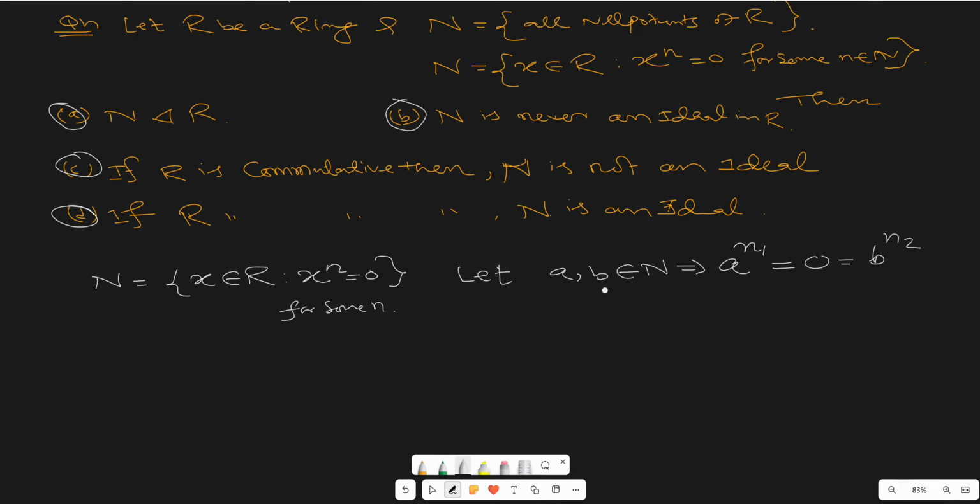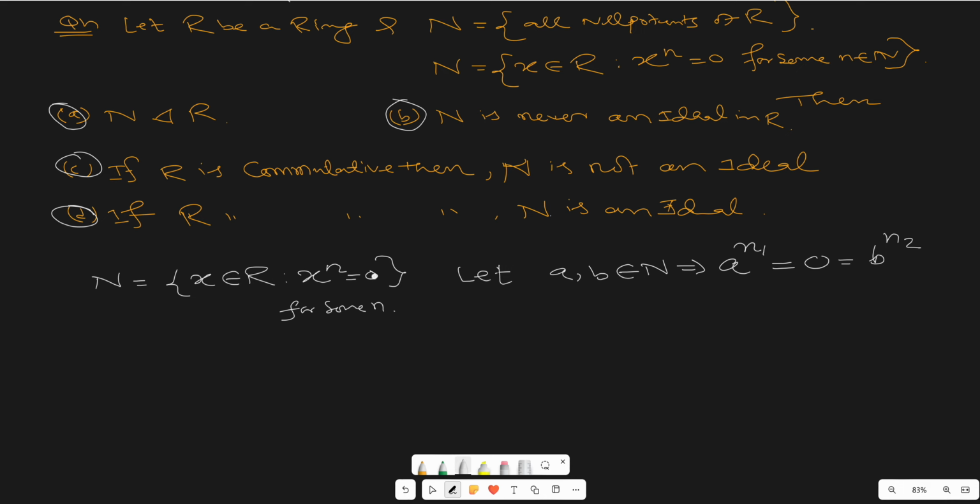So a to the power n1 is 0 because a is a nilpotent element, b is also a nilpotent element. So a to the power n1 will be 0 and b to the power n2 will be 0, by the definition, right?